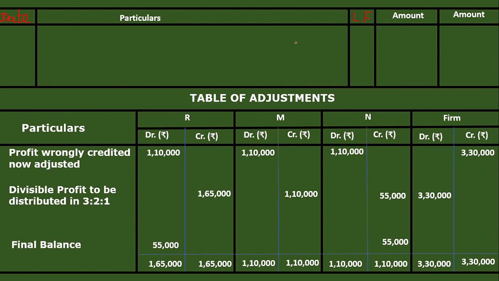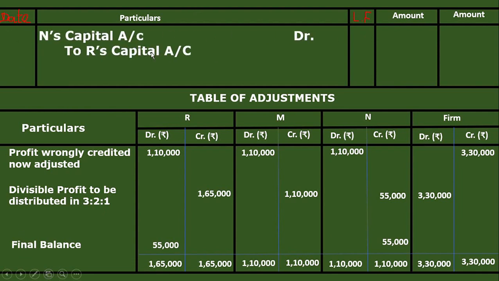Okay. Now the journal entry. How to make the journal entry? So N's capital account debit to R's capital account. Why is N's capital account debited? Because I told in the first slide that if the balance is on the credit side, we have to debit that partner. If the balance is on the debit side, we have to credit that partner. So here N's capital account debit to R's capital account.